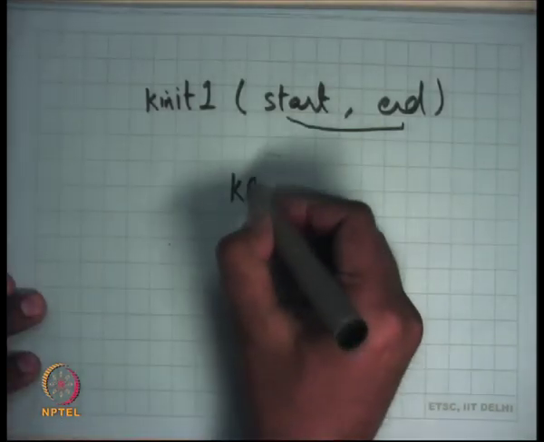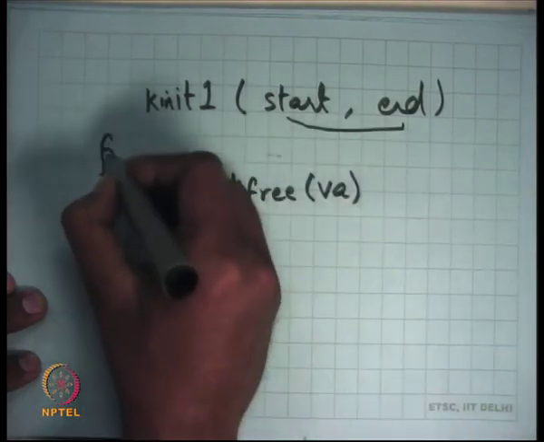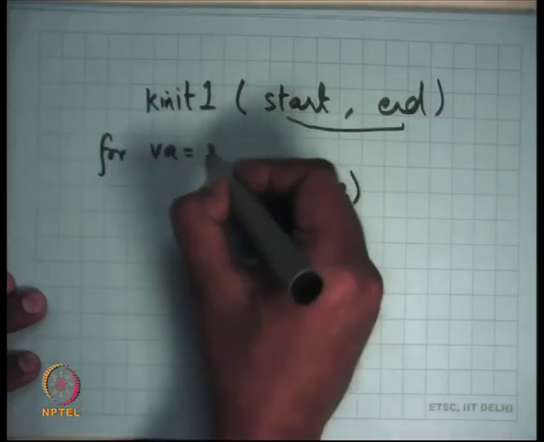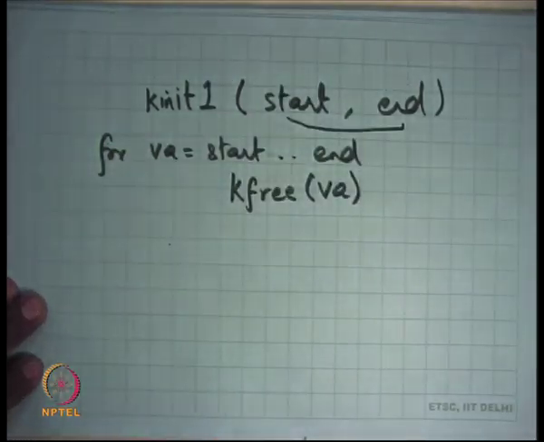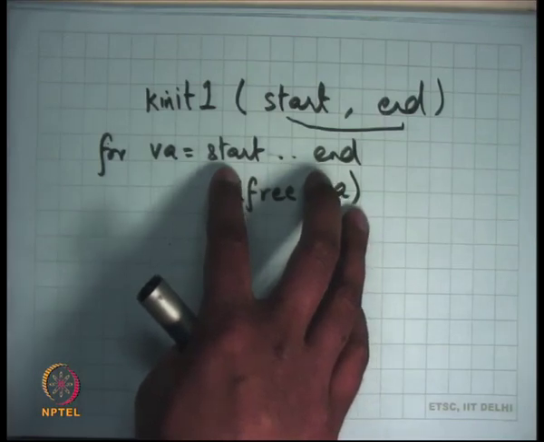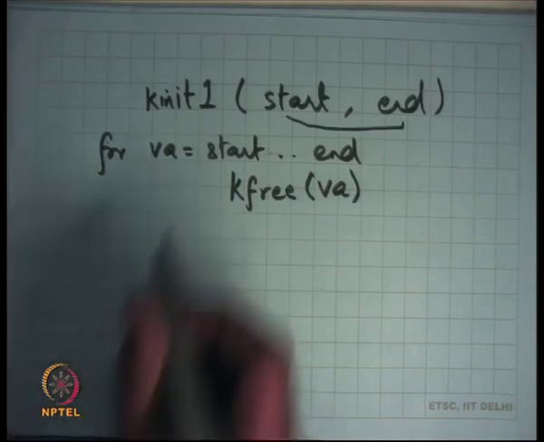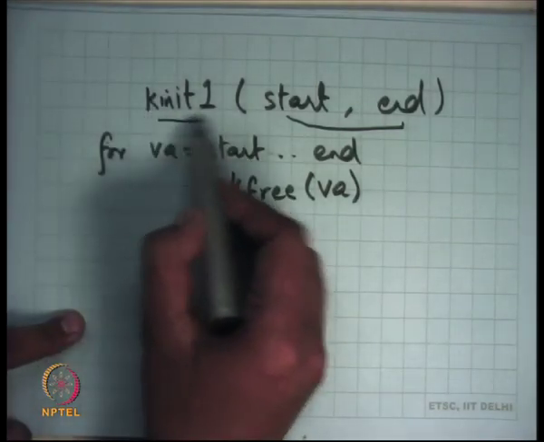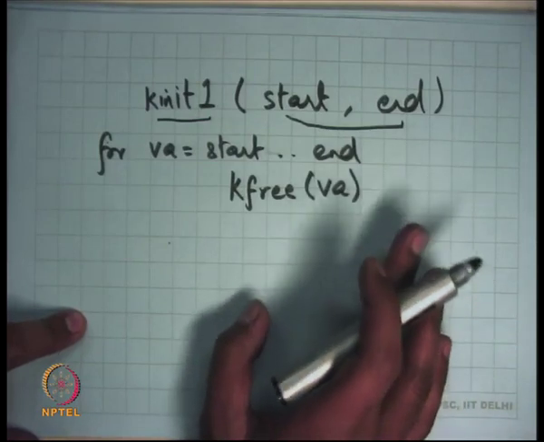So it just says kfree(va) for va from start to end. Of course I'm simplifying some things here, start and end need to be page aligned addresses and all that. So if you look at the implementation of kinit1, you're going to roughly find something like this.